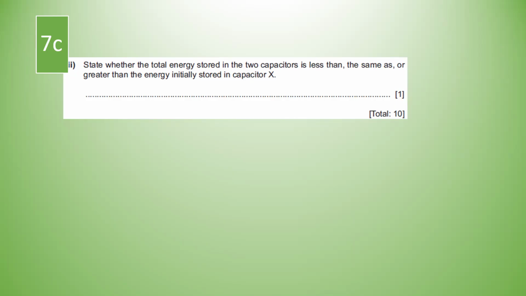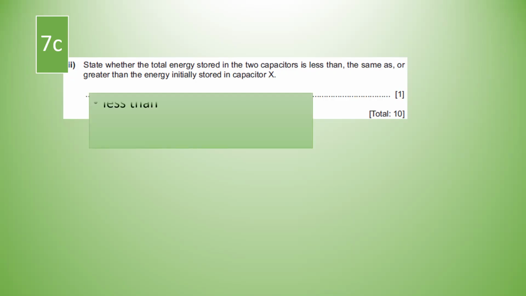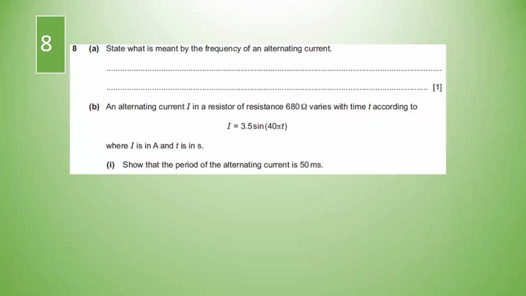Some energy is lost, converted to heat, lost in the wire during the discharge. They didn't ask you, anyway, but thermal energy is lost as heat in the connecting wire.